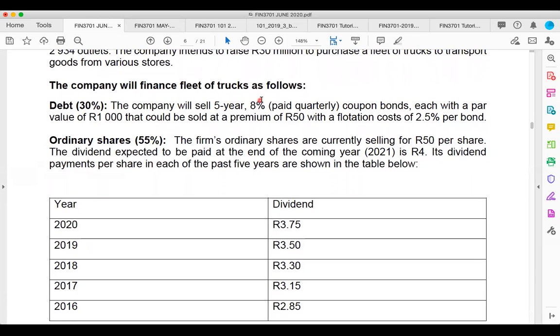The company will finance the fleet of trucks as follows. We're given debt 30%. The company will sell 5-year, 8% paid quarterly coupon bonds, each with a par value of 1,000 Rand. The bonds could be sold at a premium of 50 Rand, with a flotation cost of 2.5% per bond.